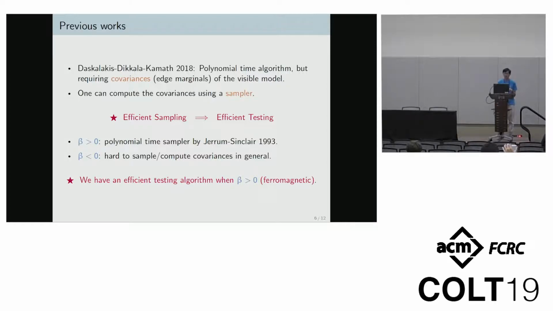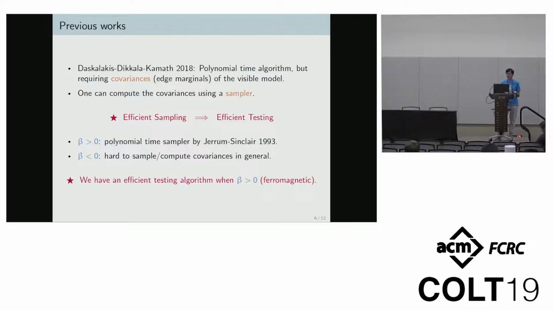Testing Ising models was first studied by Daskalakis, Dikkala, and Kamath, who gave a polynomial time algorithm for testing Ising models, but their algorithm requires the covariances of the visible model. One natural way of obtaining the covariance is by using an efficient sampling algorithm for the Gibbs distribution.